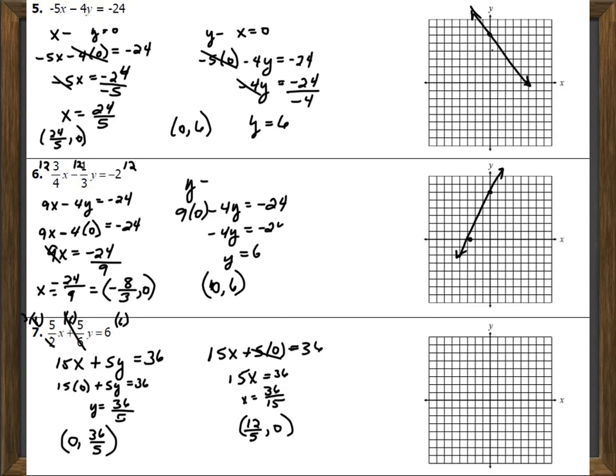Okay. So on the x-axis, I've got to go 12/5, which is 2 and 2/5, or about 2.4. And then on the y-axis, I have to go 36/5, which is 7 1/5. 1, 2, 3, 4, 5, 6, 7, and a little over, about 7.2.